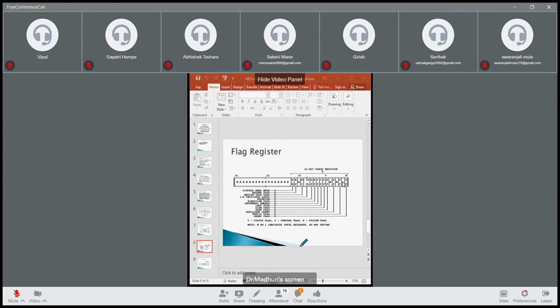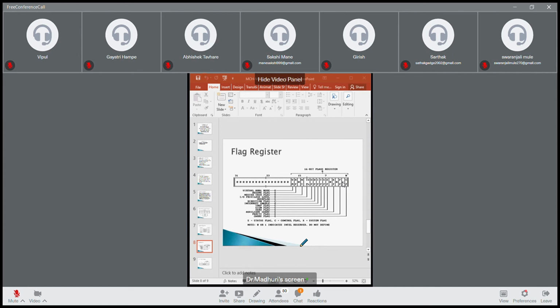Now the 386 has the external interrupt. What do you mean by external? Whenever there is an INTR pin on the IC, and you connect an external wire to the INTR pin, that means you are giving an external interrupt to the processor, and when that interrupt is given, this flag will be set.